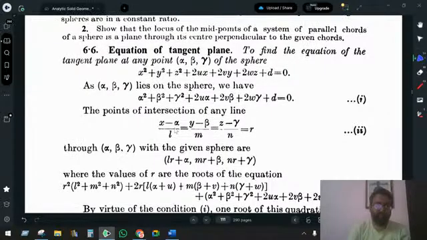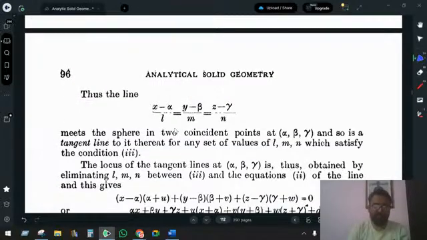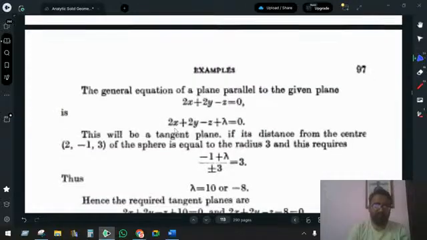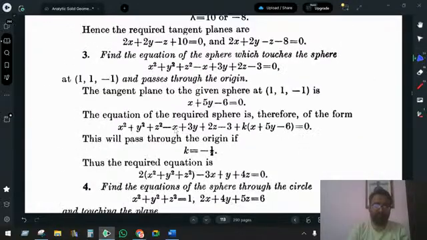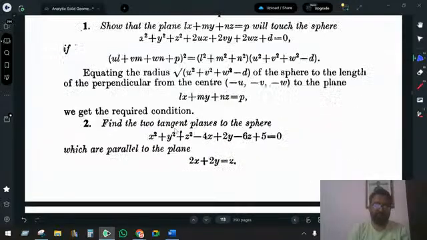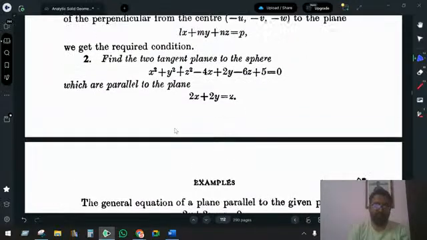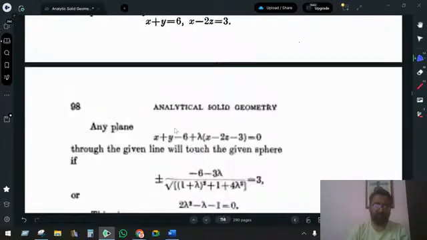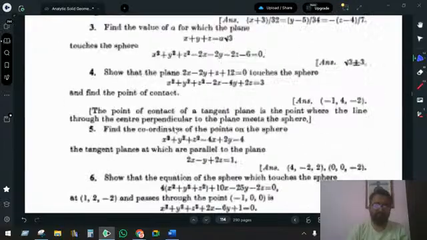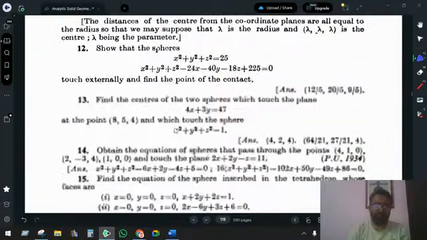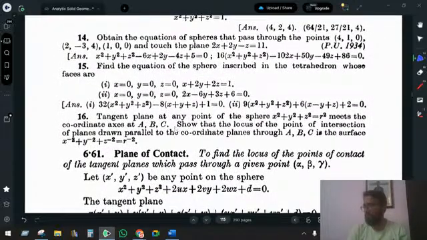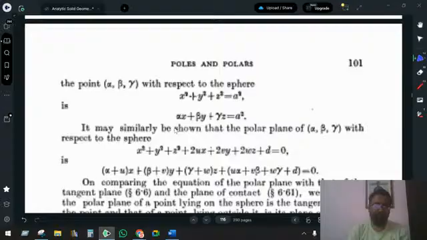Six point six. Okay. Examples 1 and 2, there must be some exercise problems. These are the examples. We get the required condition. Okay. And exercise problems we have. It's a good number of problems here. 16, then 7.1.